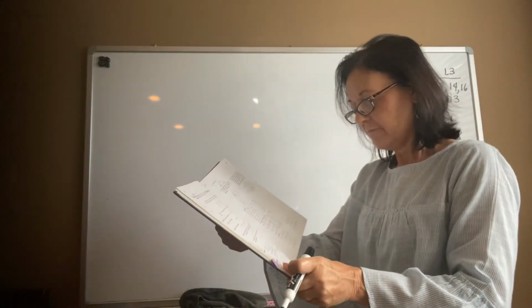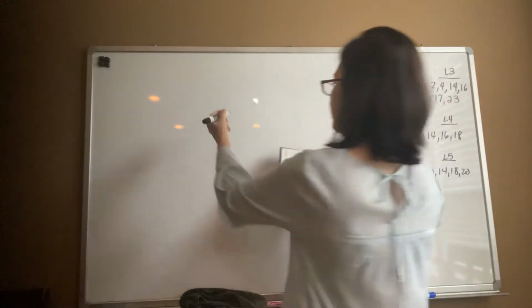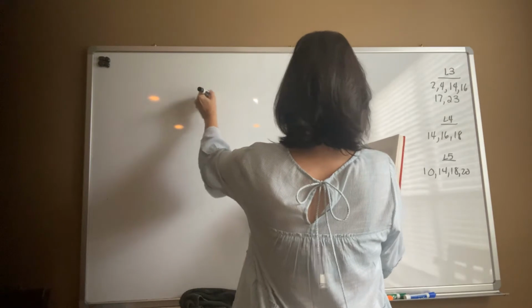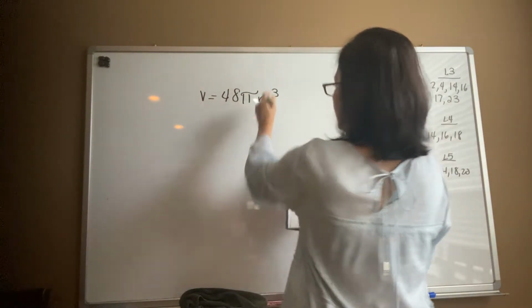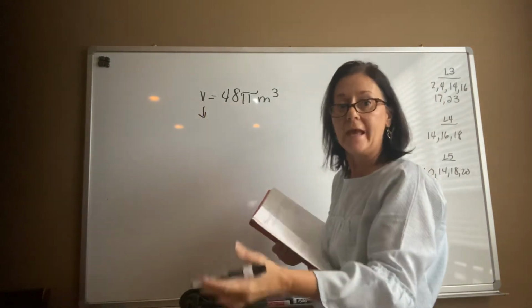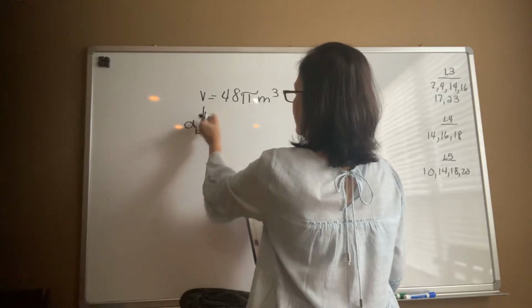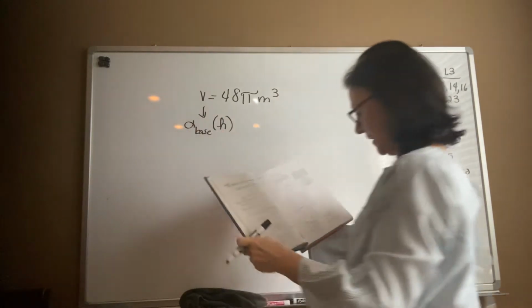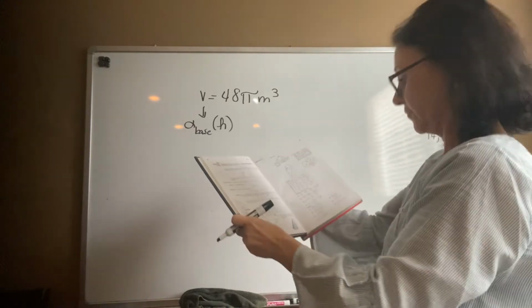The volume of this circular cone is 48 pi meters cubed. Volume is the area of the base times its height. It gives us the height, but it doesn't give us the radius.